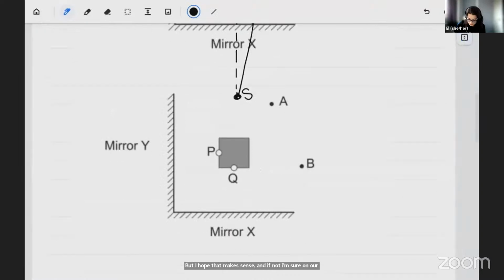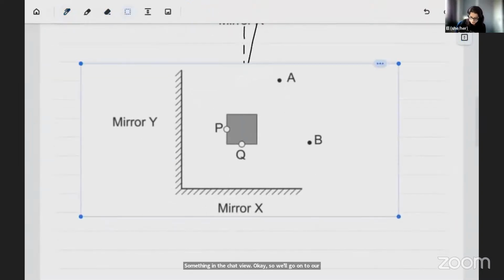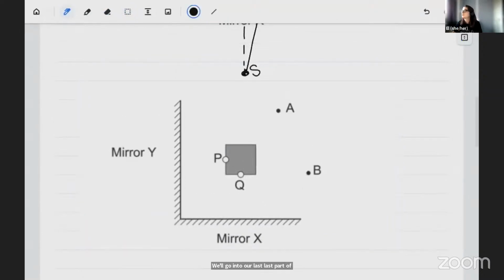Okay, so we'll go on to the last part of this question, which says an observer at B can see an image of P resulting from reflections from both mirrors. Draw a ray of light from B to P, which enables this image to be seen. So if I'm going from B to P, and it's reflecting off both mirrors, I think my first ray from P is going to come downwards at least some.